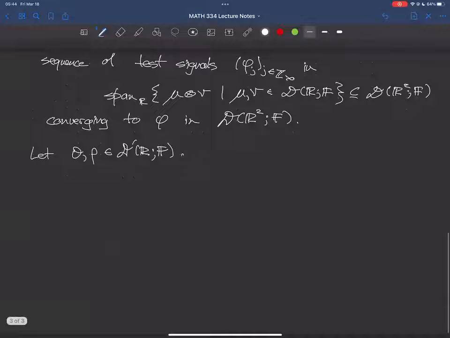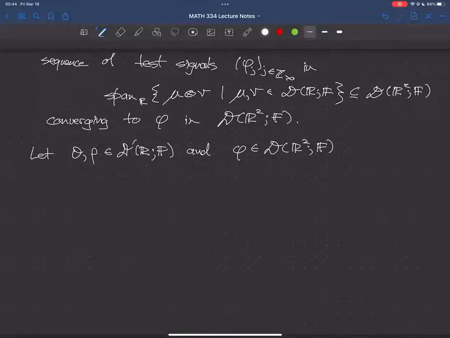So I'm going to take a test function phi in two variables. Sorry, notation. Denote phi_s of t to be phi(s, t).